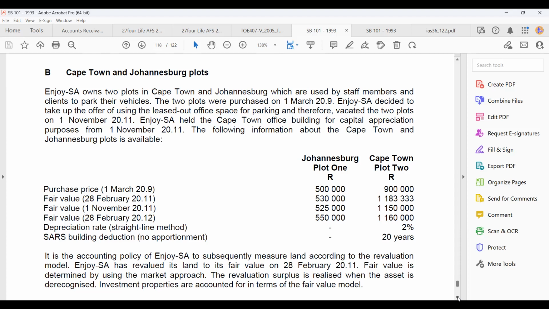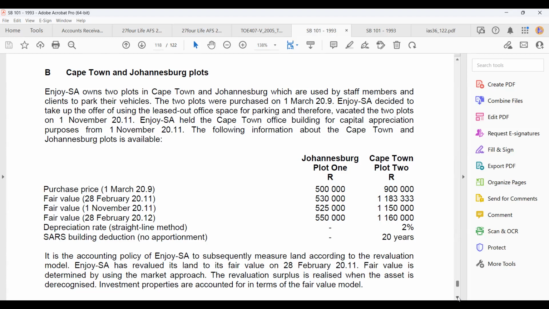We're not dealing with leases, so it's not IFRS 16. Now we come to IAS 38, intangible assets. It can't be intangible assets because intangible assets have no physical substance. A building is tangible, so IAS 38 does not apply.